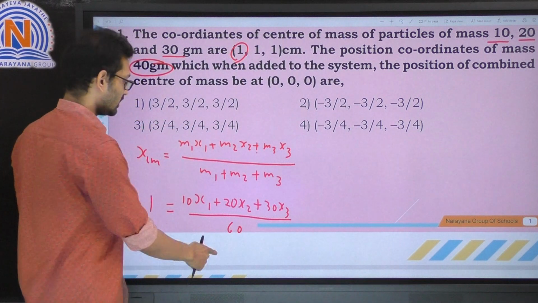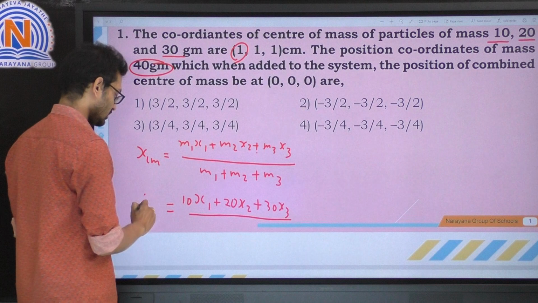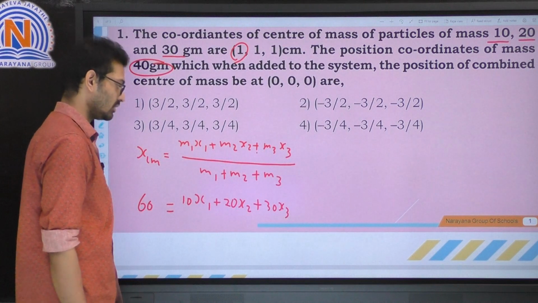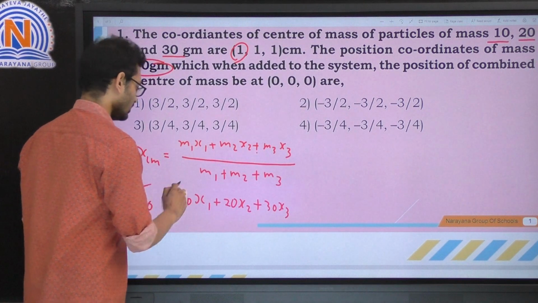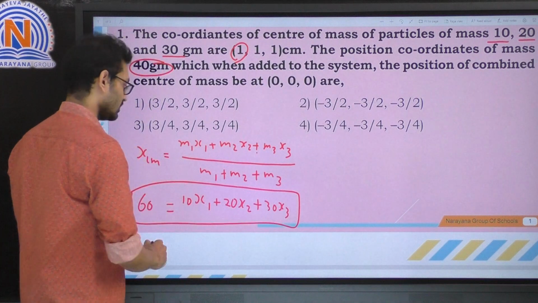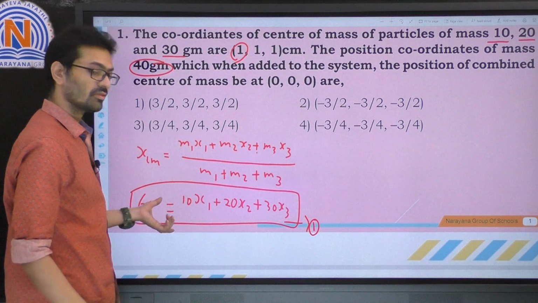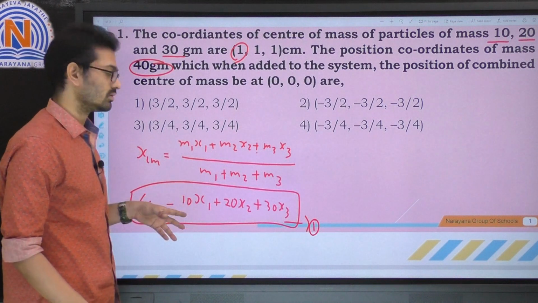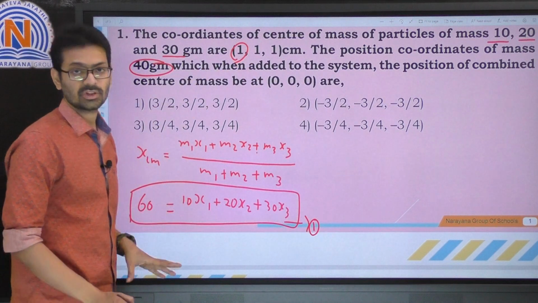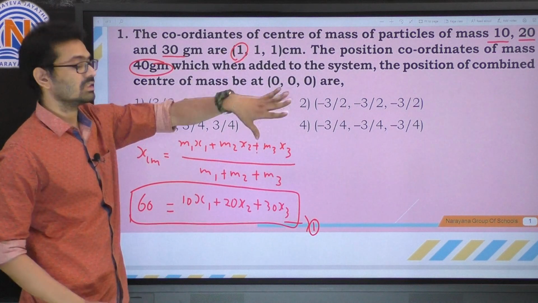Now how much will you be getting? You can write this as 60, and this one is going to be equation 1. Let us take this one as equation 1. And now in the same way, if you get it for x, you will also get it for y, because even that center of mass is 1 and all the masses are the same.